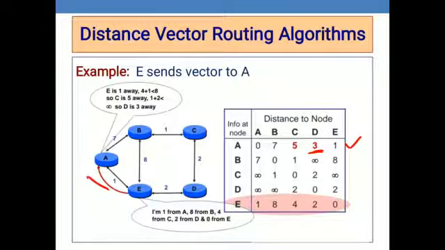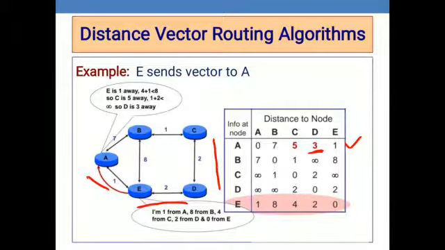We know that in the first step, D updates its information that D is directly connected to C with a distance of 2. Now, if you consider the path A to E, E to D and D to C, what is the cost here? 1 plus 2 plus 2, that is 5.